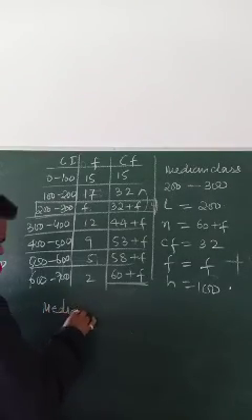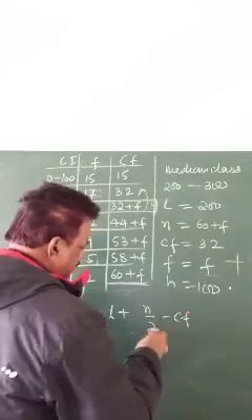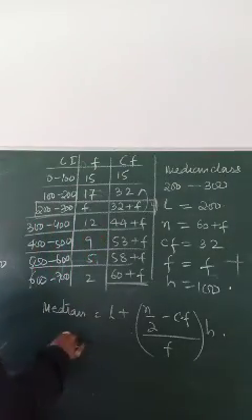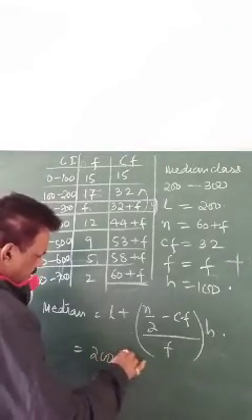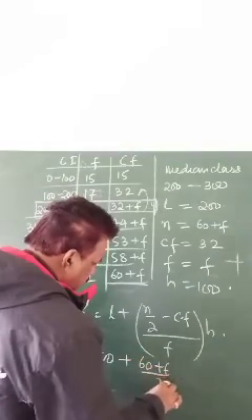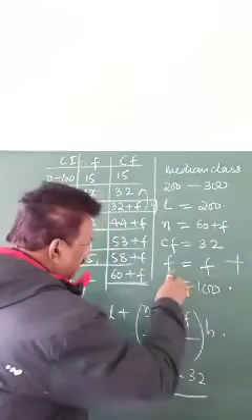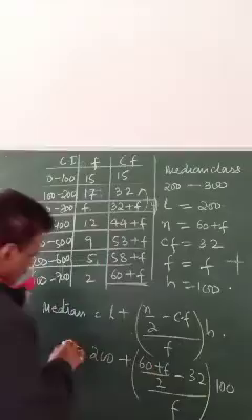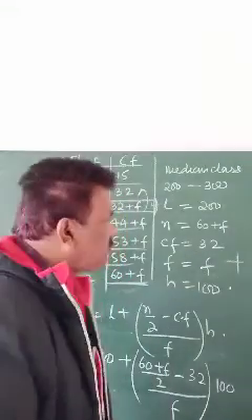median equals L plus (N by 2 minus Cf) by f into h. L is 200, N by 2 is (60 plus f) by 2, minus Cf 32, divided by f, into 100 equals the median, which is given as 240.